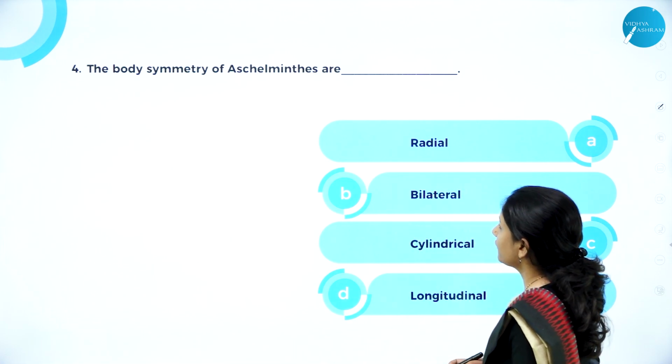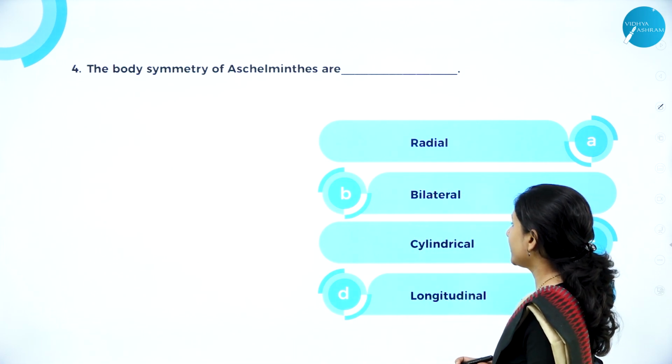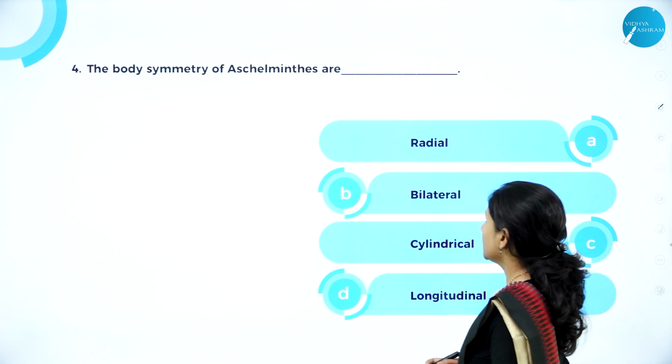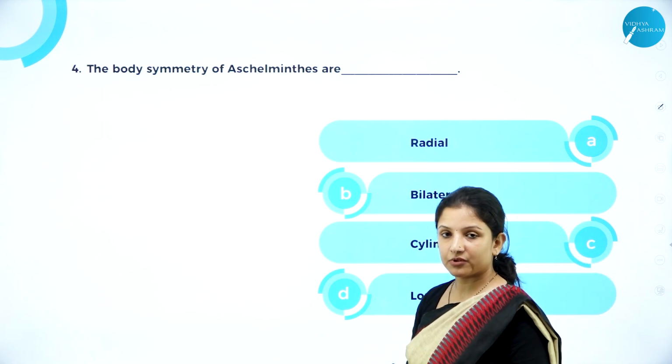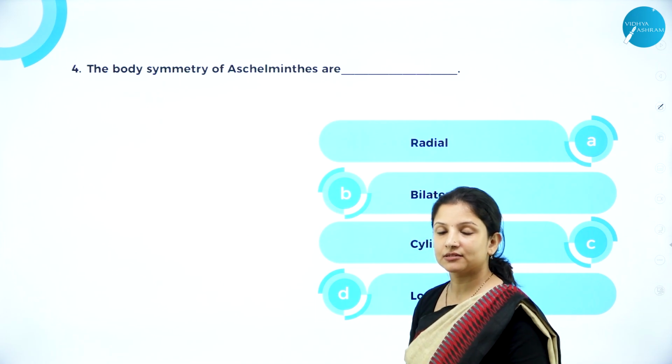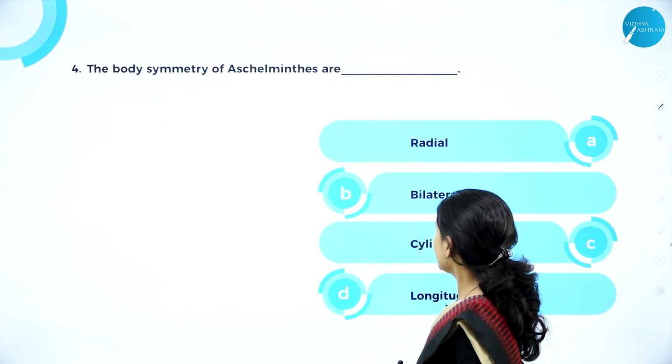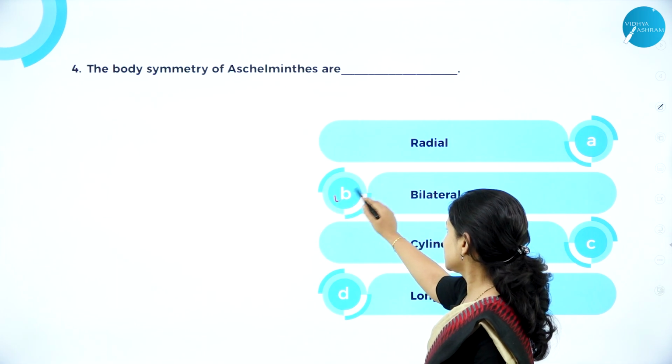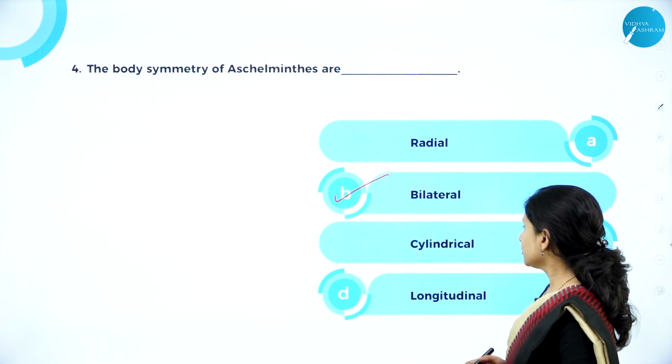The body symmetry of Aschelminths is, is it radial, bilateral, cylindrical, or longitudinal? Radial symmetry is usually exhibited only by coelenterates, ctenophores and the like. So here it is bilateral symmetry. It's not cylindrical nor longitudinal.